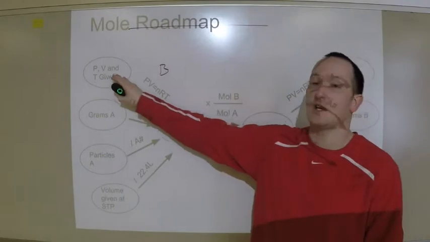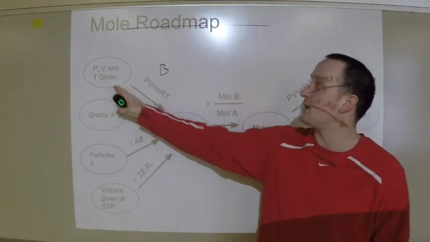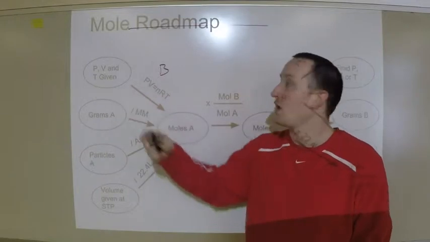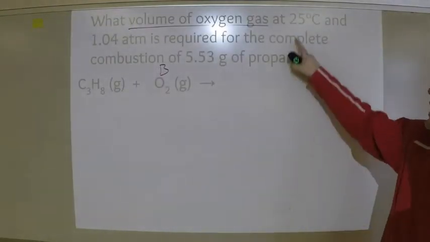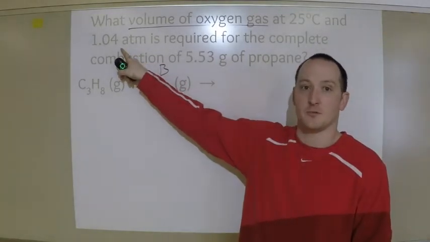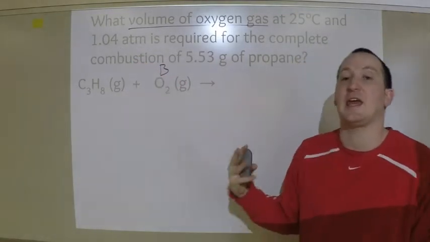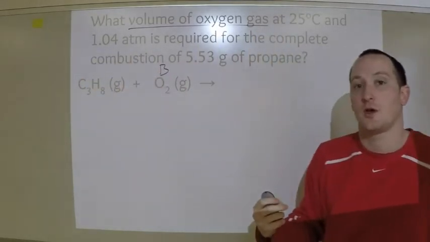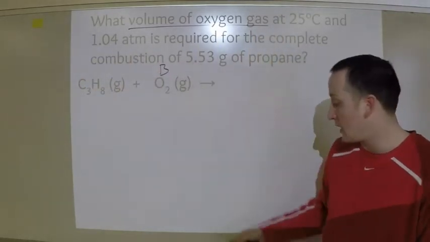I can only convert to moles if I'm given pressure, volume, and temperature. Here I'm only given temperature and pressure, not volume, which means I can't use just temperature and pressure to convert to moles. But I can use grams, okay?